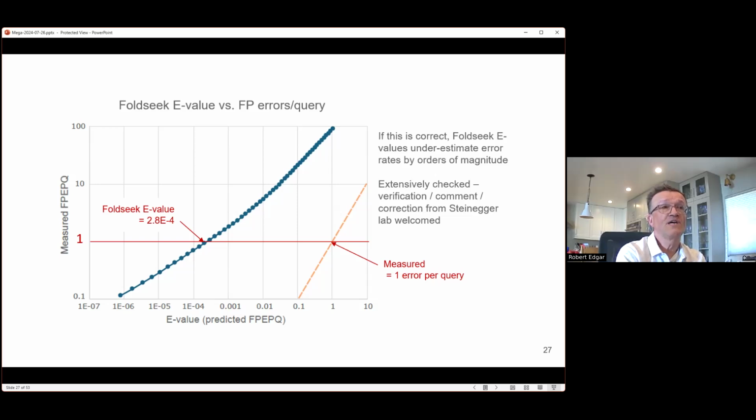And if it's correct, then the Foldseek e-values are underestimating the error rate by several orders of magnitude. So you can see I picked out one value here as an example. If we measure one error per query, the e-value cutoff to get that is about 3 times 10 to the minus 4.